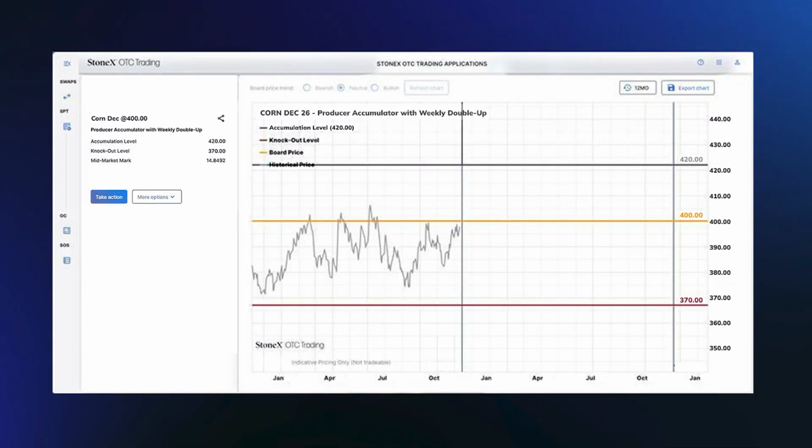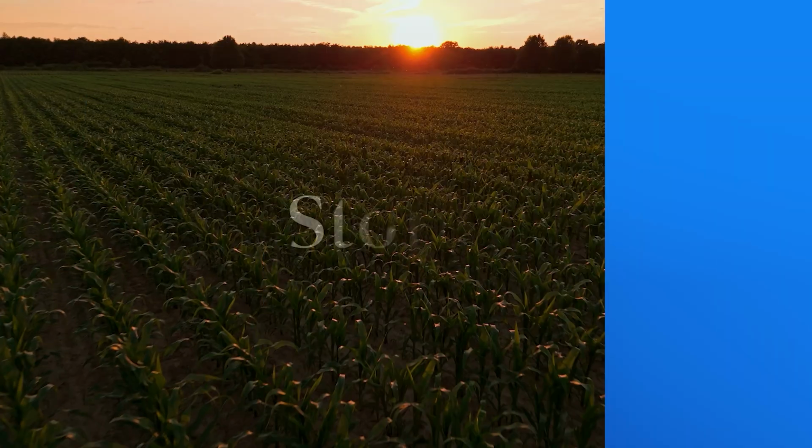Regardless, we are going to collect some premium and add some additional profit to that particular cash sale. So an average would be maybe if it's May and we have $4 corn, maybe by December, if we do a new crop accumulator, we could see an accumulation level of around $4.20. So now instead of making sales versus a $4 futures, we are making sales versus $4.20 futures.